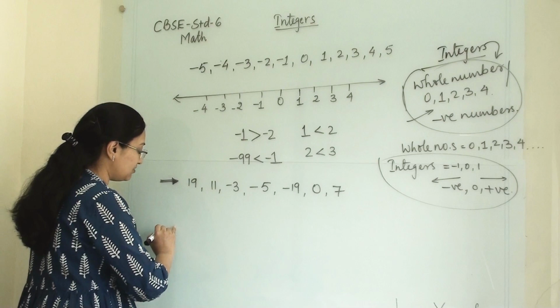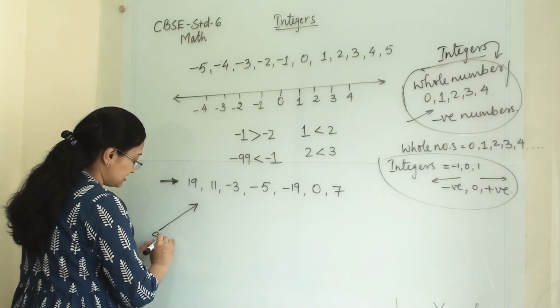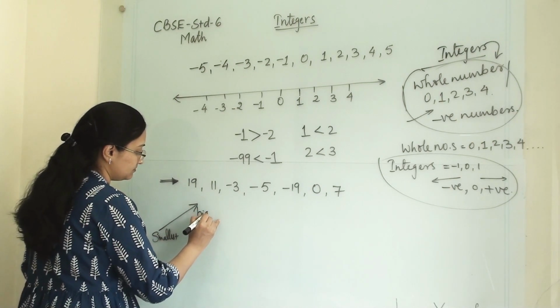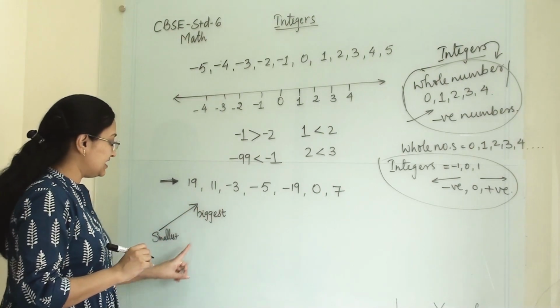Now what is the meaning of ascending order? From smallest to biggest is the meaning of ascending order.